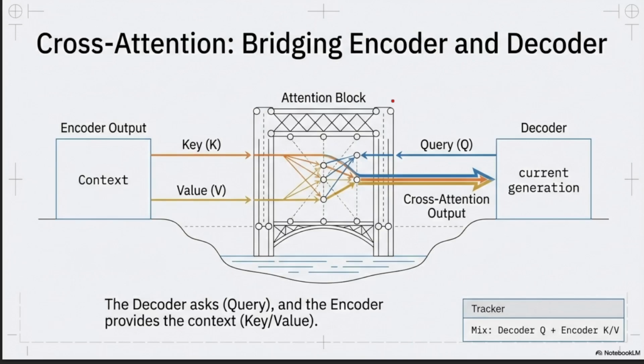The bridge between the input and the output is the encoder-decoder attention. Here the math changes slightly. The query Q comes from the decoder. The key and value, so K and V, come from the encoder.